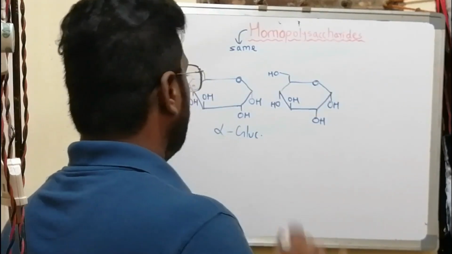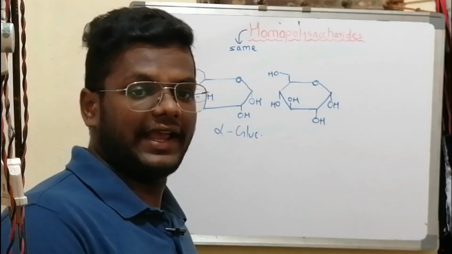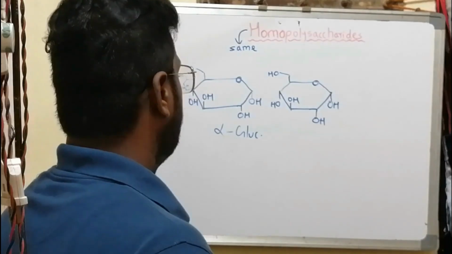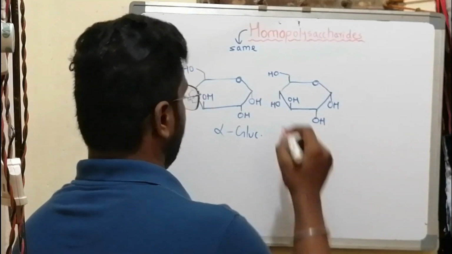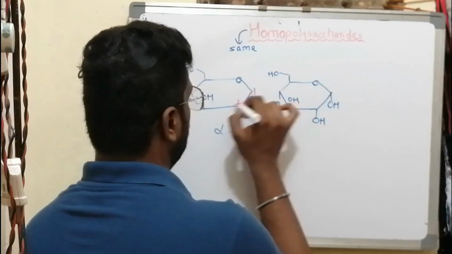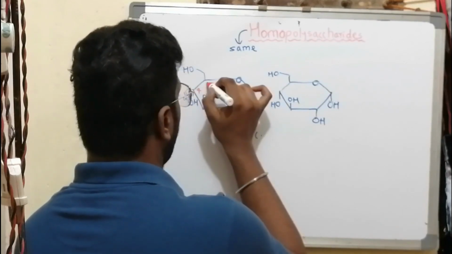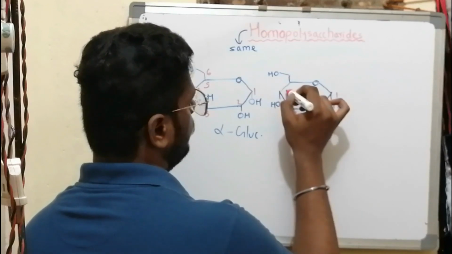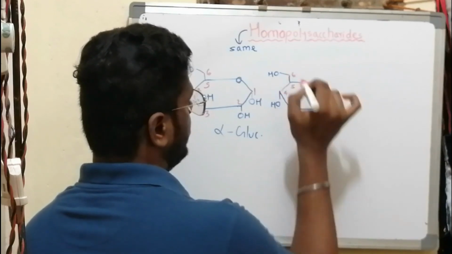So glycosidic bonds can be formed anywhere where we have OH. So here let's number them. This is C1, 2, 3, 4, 5 and 6. Here also 1, 2, 3, 4, 5 and 6.